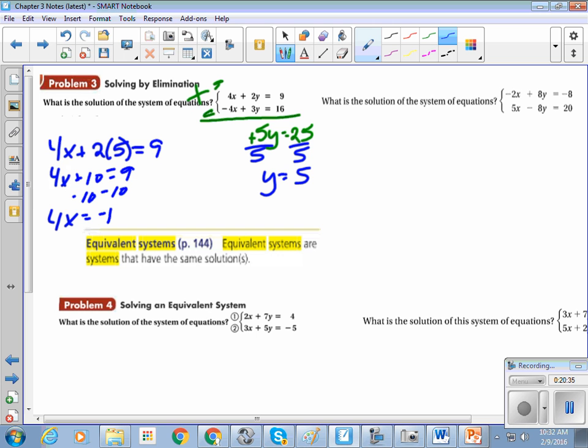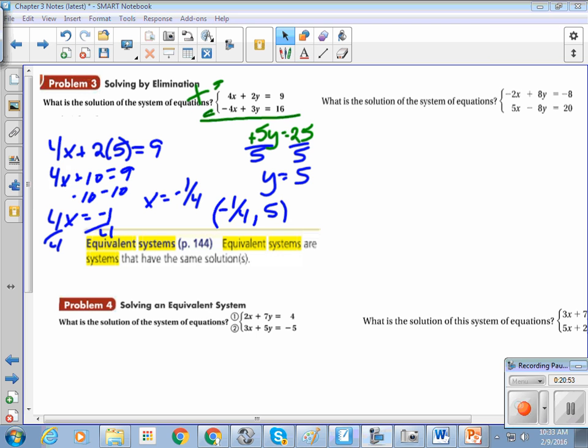So in this case, x is equal to negative 1/4. Yay! So my solution is negative 1/4, 5. And my recommendation is, as a new user of elimination, I would definitely do a graphing check. You can put this in a graphing utility. Check to make sure that you've used elimination appropriately. And if you haven't, let me know right away so that I can help you guys.